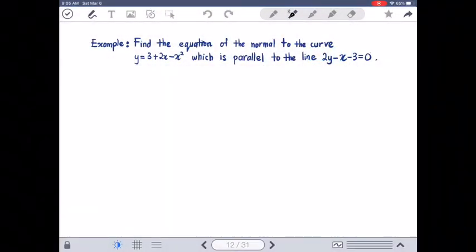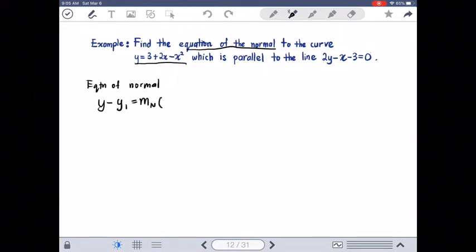Now let's have a look at the next example. Find the equation of the normal to the curve which is parallel to the line 2y minus x minus 3 equals 0. You want to find the equation of the normal. Basically, the equation of normal is just y minus y1 equals mn times x minus x1.